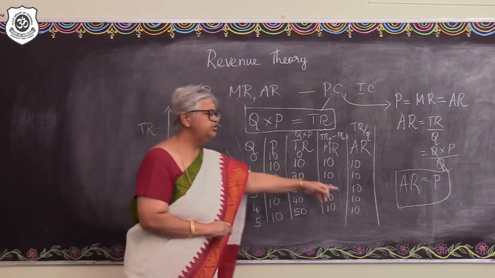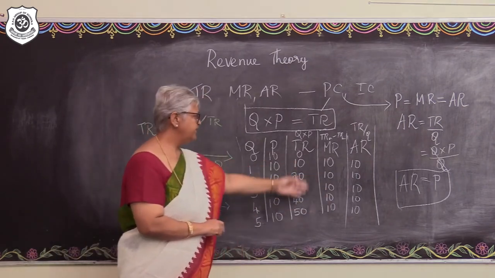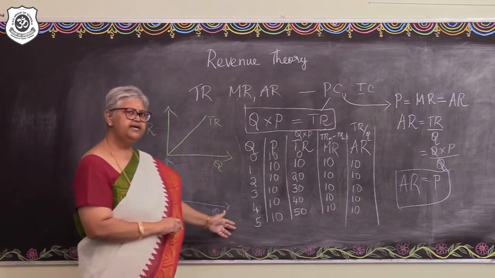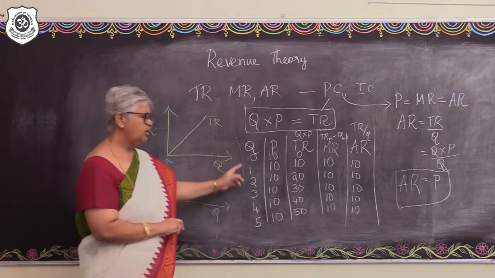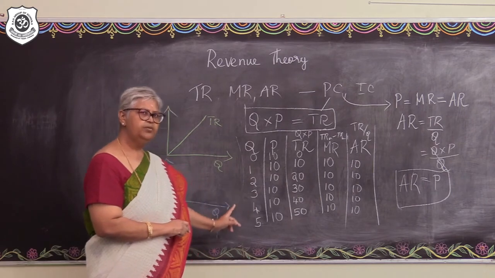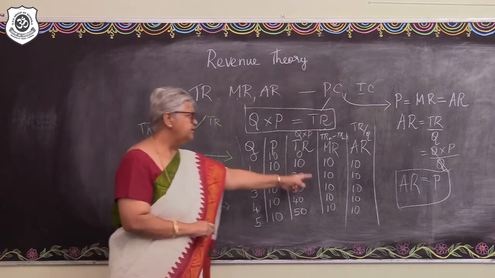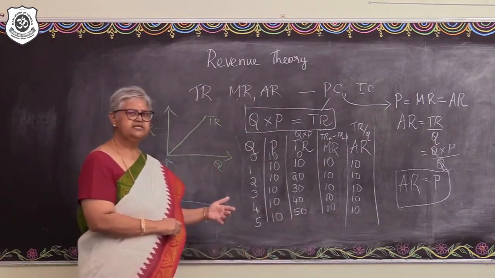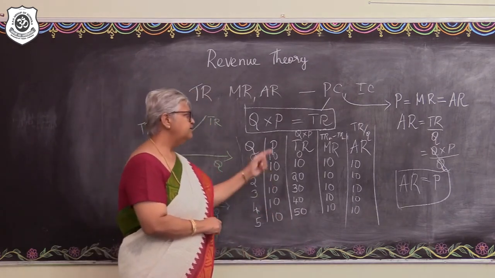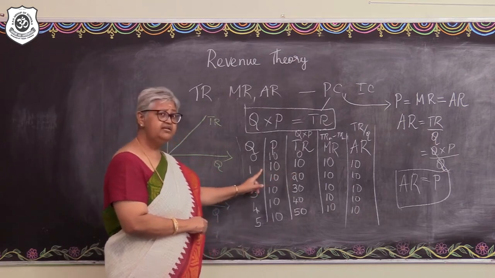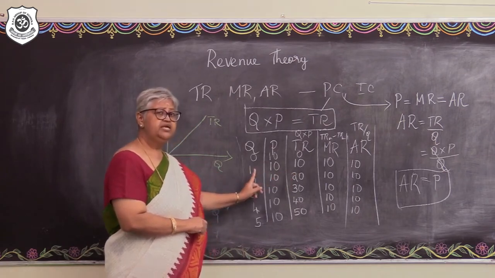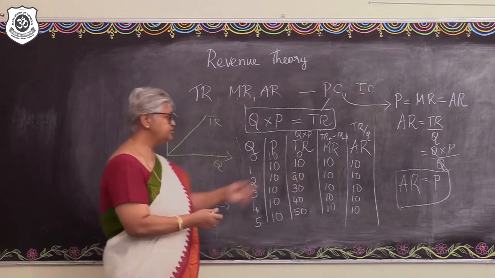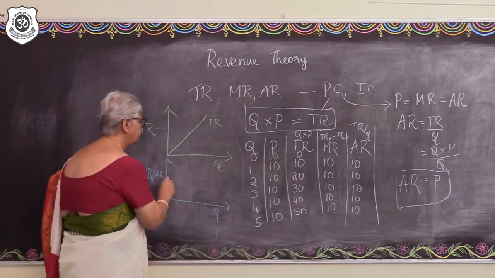What about the marginal revenue and the average revenue? We understand that whatever be the level of output that is sold in the market, the MR and the AR remain constant. And they remain constant at the same level, at which level? Equal to the price. So price is equal to MR, is equal to AR in this particular competition.